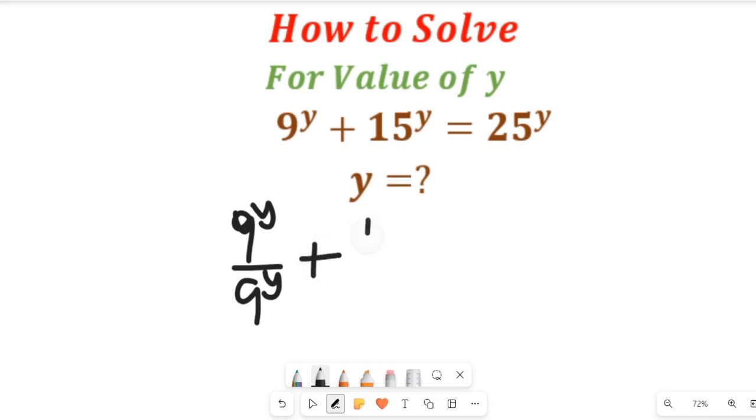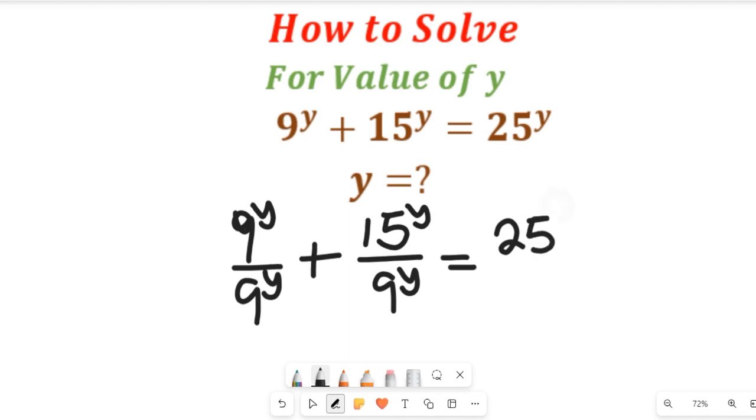And this will be plus 15 to the power of y divided by 9 to the power of y, and this will be equal to 25 to the power of y divided by 9 to the power of y.